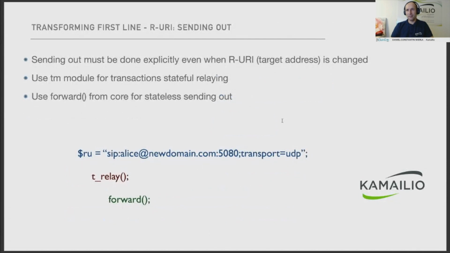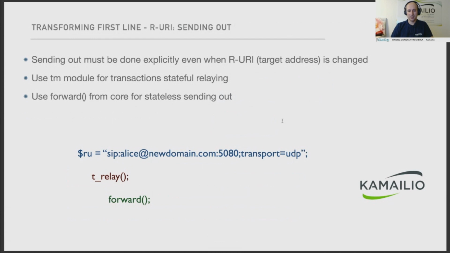Just a quick remark to tell that in Kamailio, you always have to explicitly send out. So changing the target URI doesn't mean for Kamailio that the request should be sent out automatically. After changing the target address, the request URI, you still need to explicitly send it out, stateful with t_relay, so transaction stateful, or stateless with the forward function.